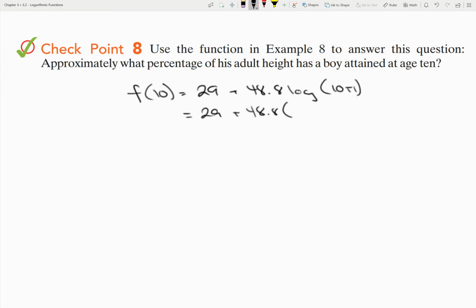I evaluate the log of 11 and get 1.0414. Times the 48.8 plus 29 gives me 79.8%. Okay. Good to know.